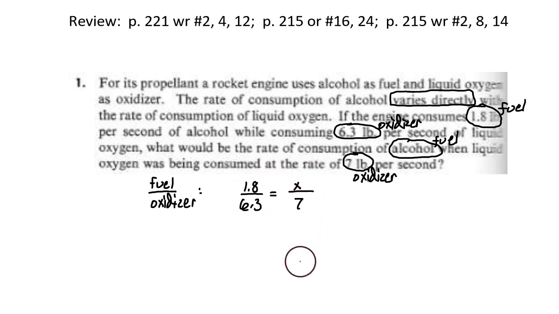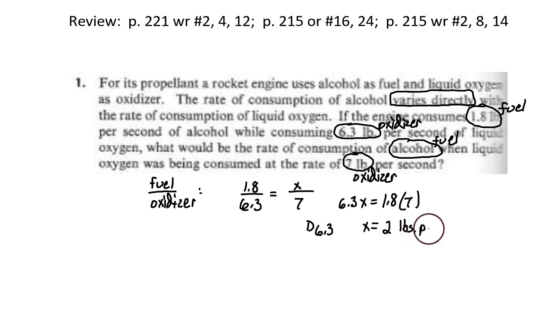Here is our model. We can solve this proportion with cross multiplication. 6.3 times X is equal to 1.8 times 7. Then divide by the 6.3 to get the X alone. The result is 2. X is measuring fuel, and in the problem we can see that that's in pounds per second.